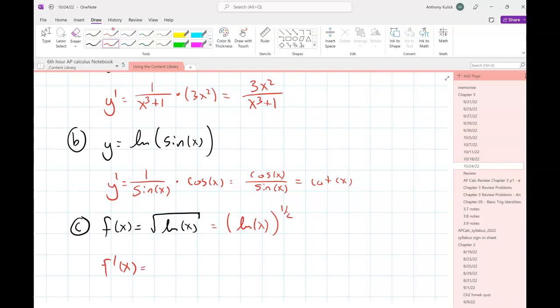When I do the derivative of the outside, we get 1/2 the inside to the negative 1/2, and then times the derivative of the inside, which is 1 over x. So if I write this out, what do I have? I have 2x square root ln x all under 1.